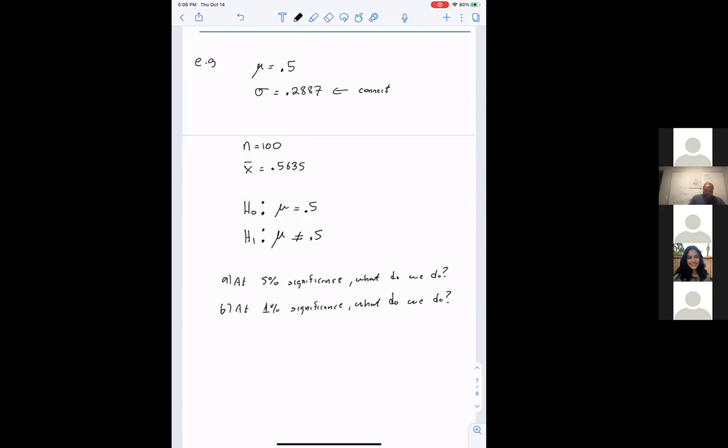Okay, let's calculate. What is our p-value? Actually, the p-value is for A or B, it's just a result. So what is our p-value here? 0.0278. So A, at 5% significance, what do we do?